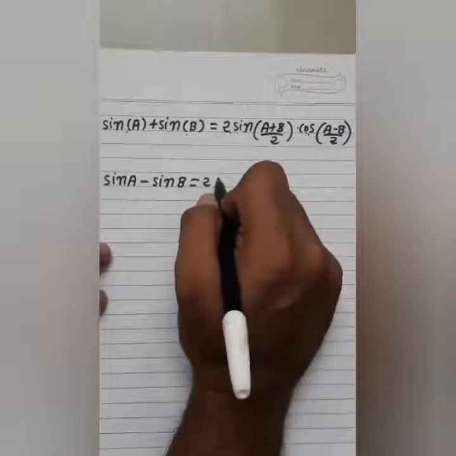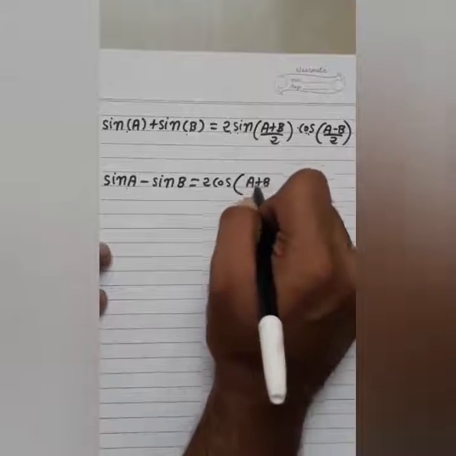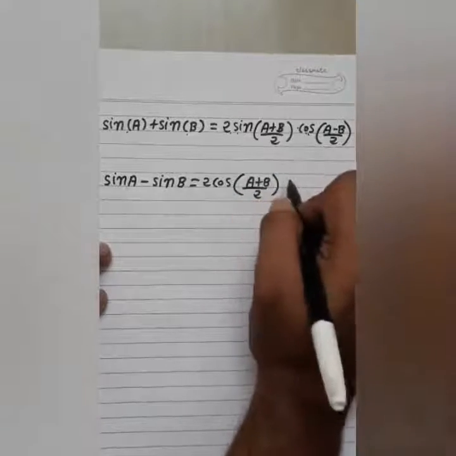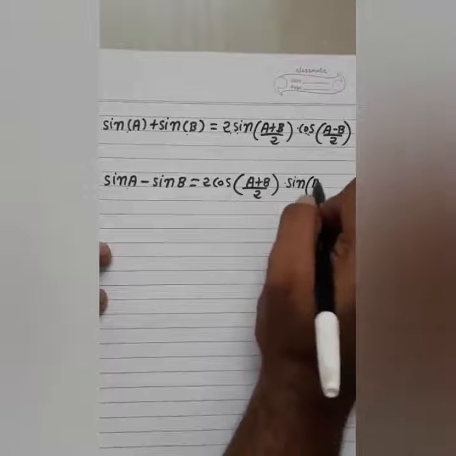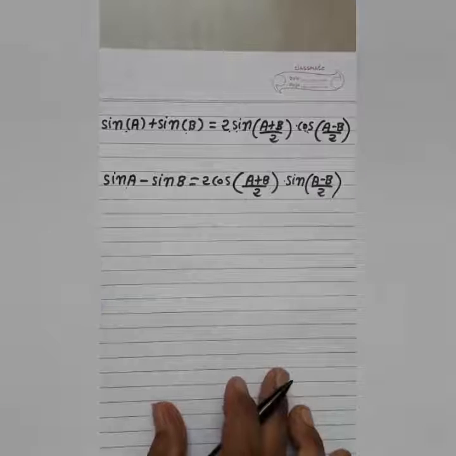So sine a minus sine b is equal to 2 into cos of (a plus b) divided by 2 into sine of (a minus b) divided by 2.